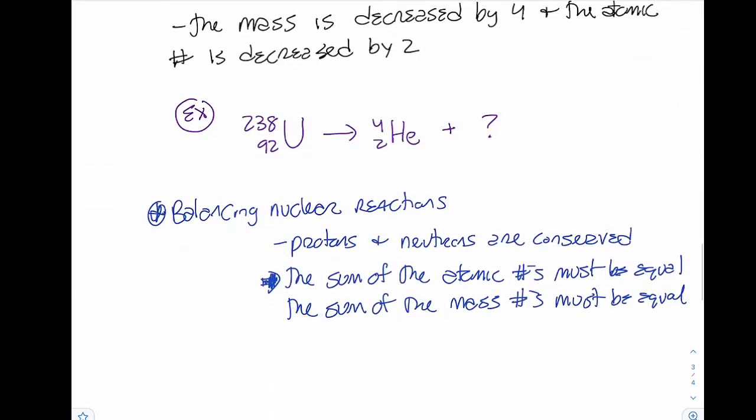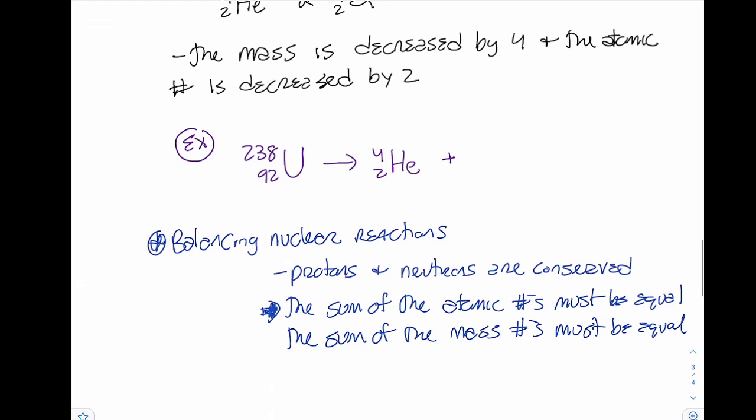So when we're balancing this one, I know that my mass number, sorry, my atomic number, we want to do that one first. I guess it doesn't really matter, but I like to do that one first. My atomic number is decreased by 2. The other way you can look at it is I have a 92 here, here I have a 2.